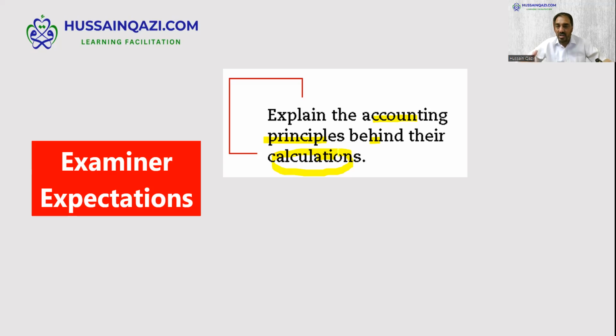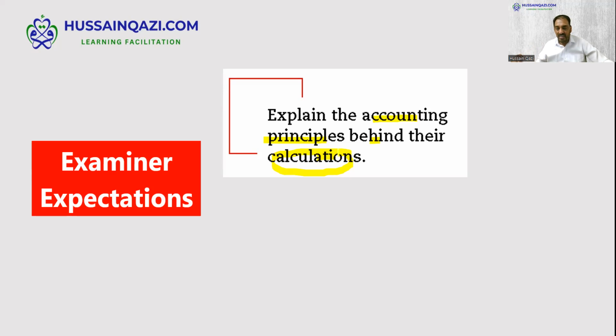Sometimes it's very important. For example, calculate and explain goodwill. So it's better to show the working of the goodwill. First of all, mention the calculation of goodwill and then the description of the calculation.